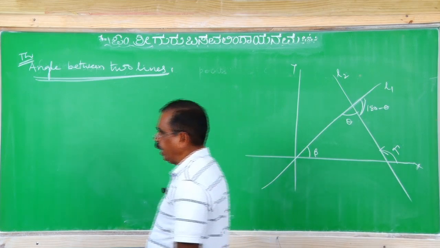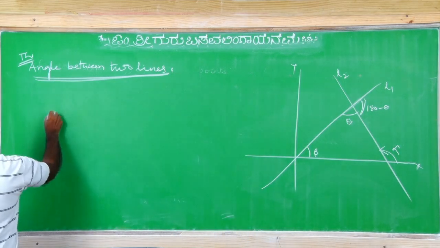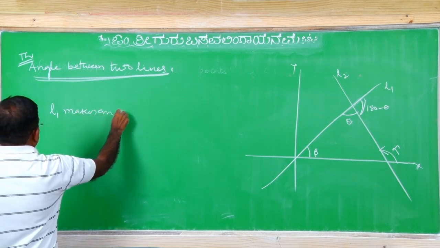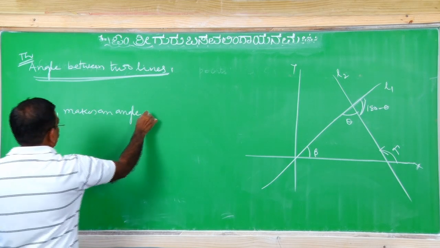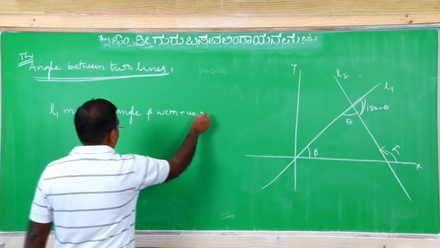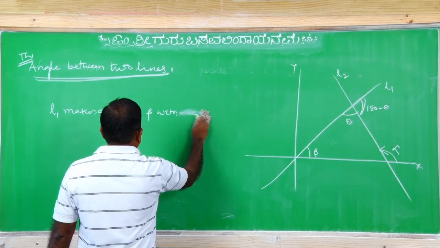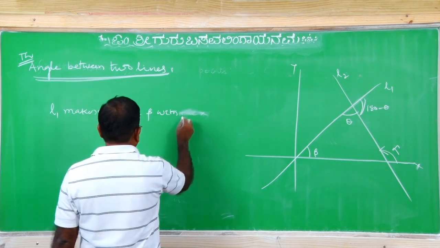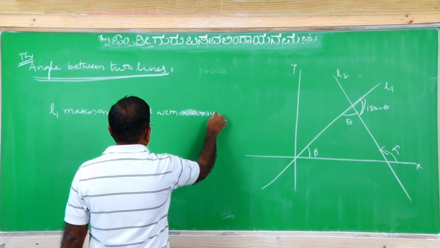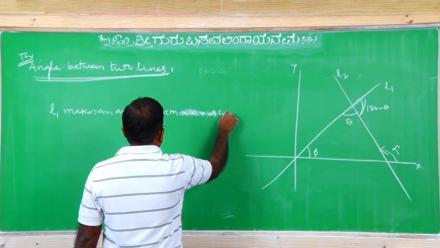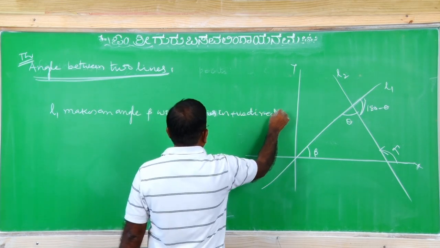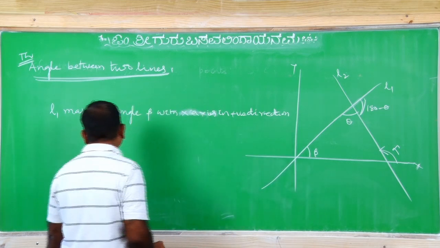L1 makes an angle beta with the positive x-axis. Write, L1 makes an angle beta with x-axis in positive direction.